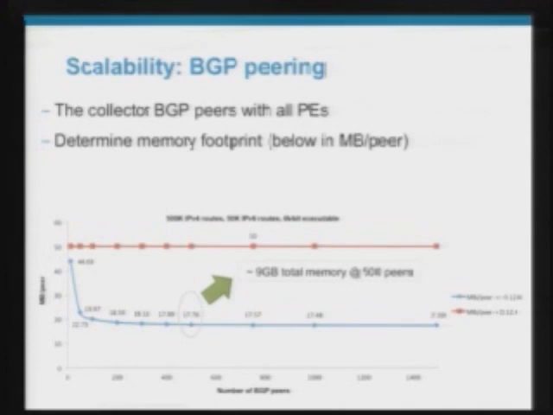So, starting with BGP peering, of course, we are saying that the collector should BGP peer with all the PEs, but you might have a lot of PEs in your network, so it's very important to determine upfront what memory footprint would be required, something like a megabyte per peer. PMSCCT at the very beginning was employing a very simple algorithm by which every BGP table received from the routers was stored separately.